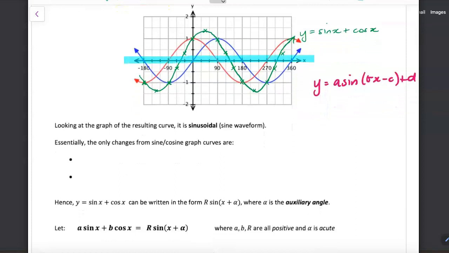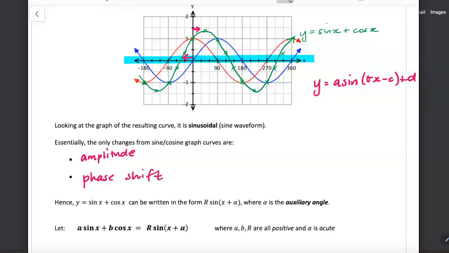That mean line is still running through the center at y equals 0, but we just see an increase in its amplitude. And the only other thing we can notice is that it has shifted. It's either shifted to the left from the sine curve, or from the cosine curve, it's shifted to the right. So the only thing that we have as a change is a phase shift.